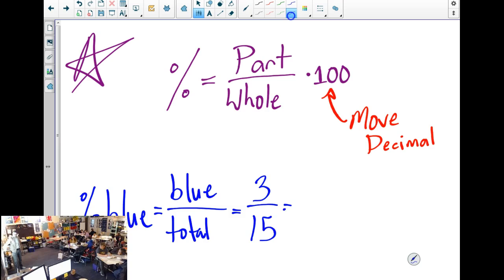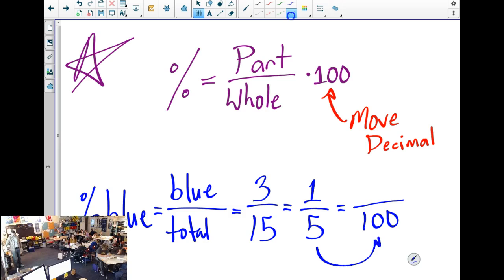Can I reduce 3/15? Yeah. 1/5. Can I think about that over 100? Yeah, times 20. Ooh, careful, times 20. So what should go below your 3 parts blue is 20%.